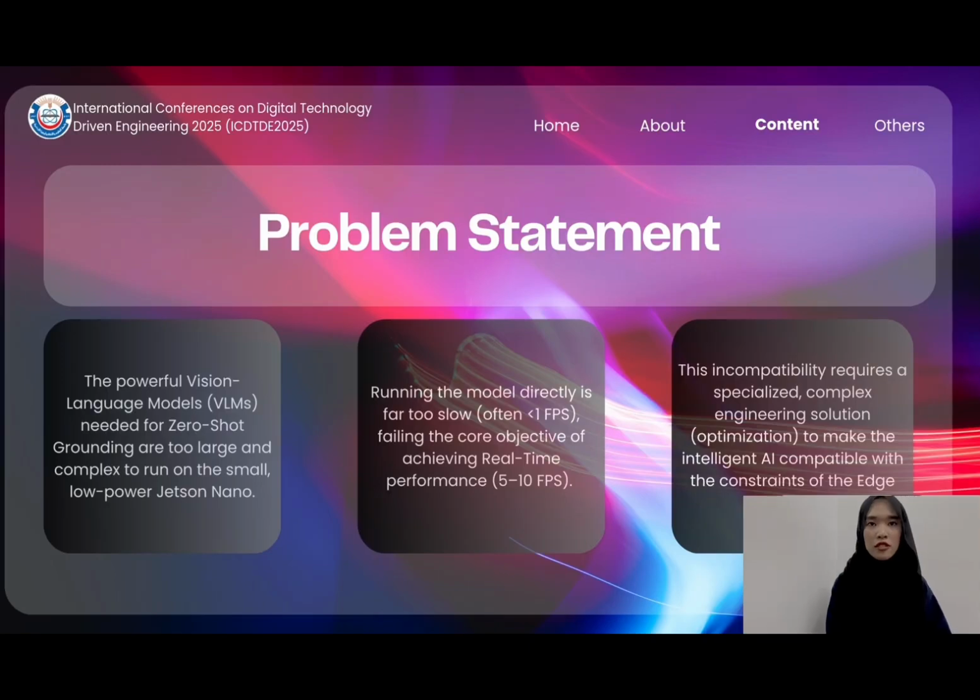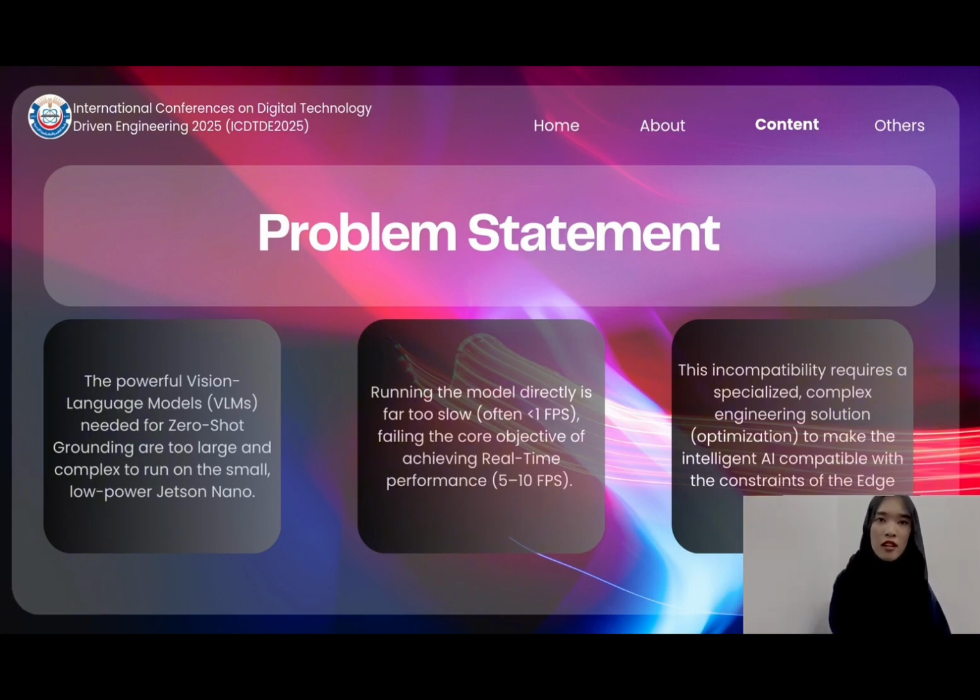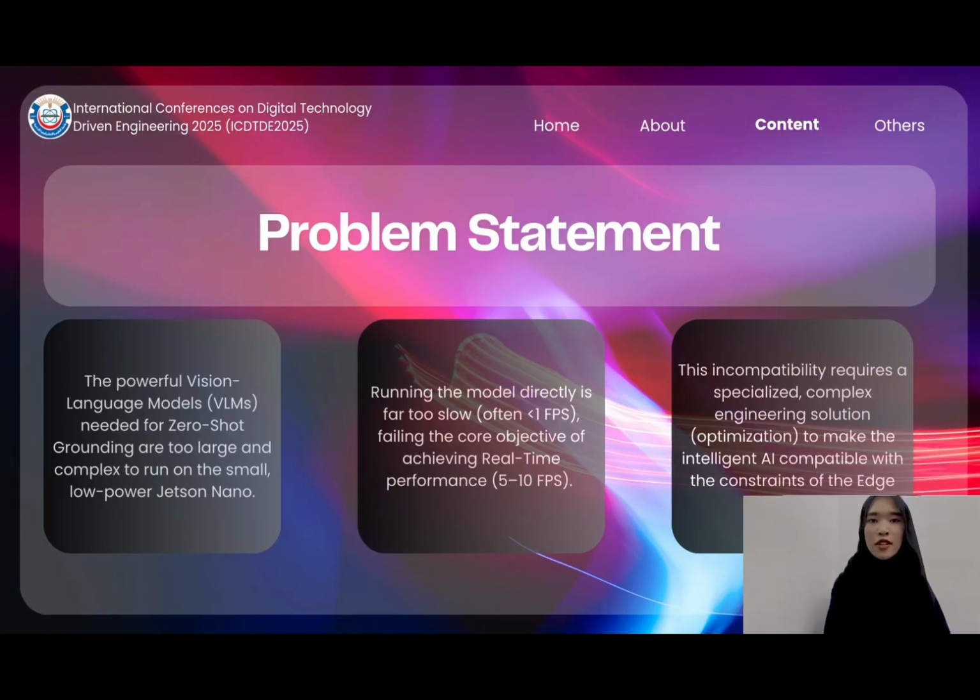Before presenting our solution, we must clearly define the major technical problem the project was designed to overcome. The primary challenge is that the powerful vision language models, which are VLMs, needed for zero-shot grounding are simply too large and complex to run on the small, low-power Jetson Nano. The second point is that running this massive model directly on the Nano is far too slow.